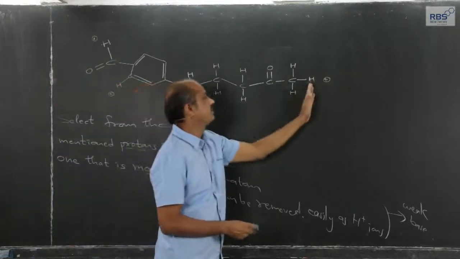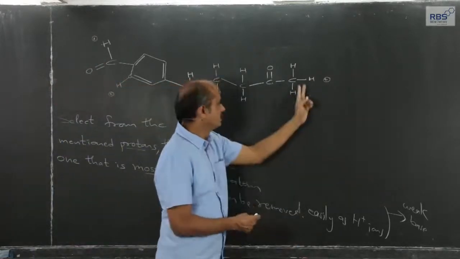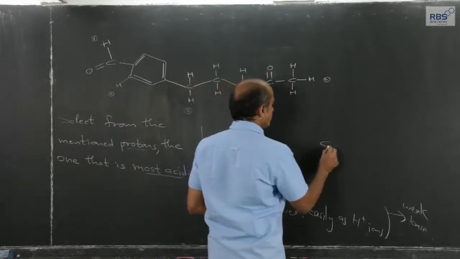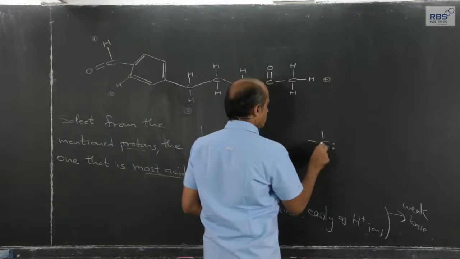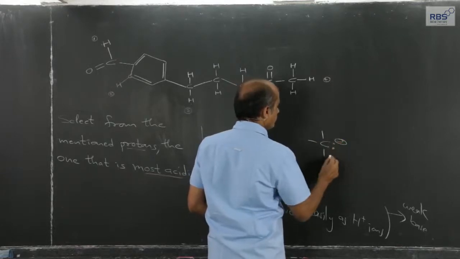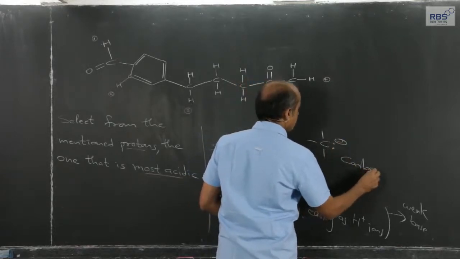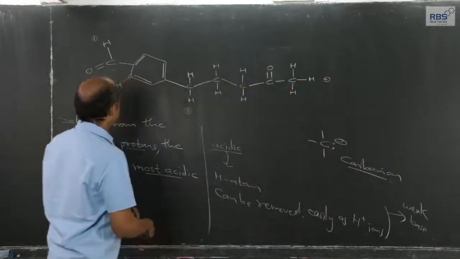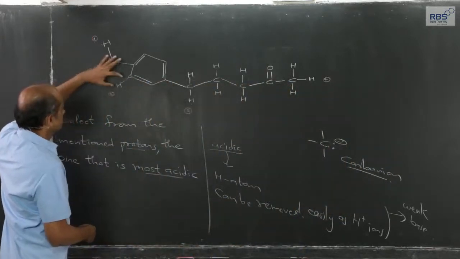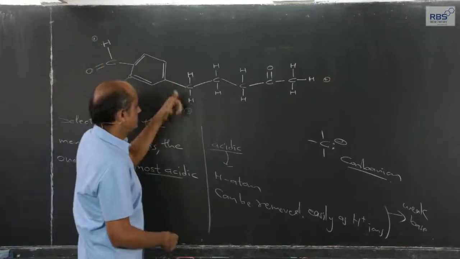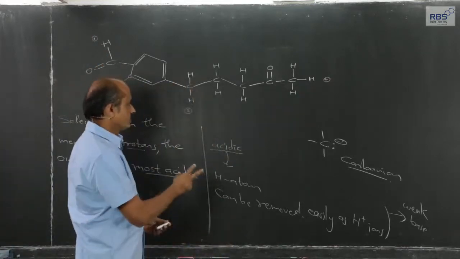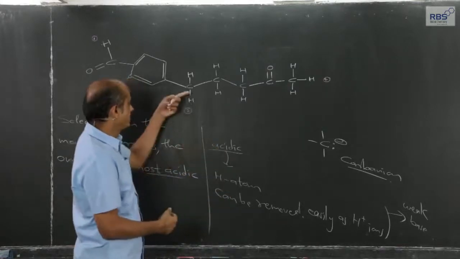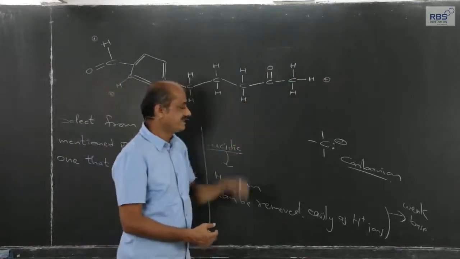If the hydrogen atom is removed as H plus because of a base, the electron pair will remain with carbon, giving rise to what we call a carbanion. Among these 4 CH bonds, 1, 2, 3 and 4, in which case is the heterolytic breaking of the CH bond easy?